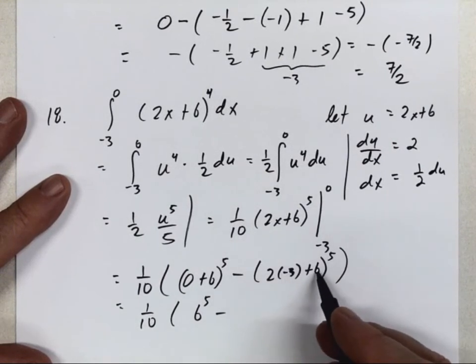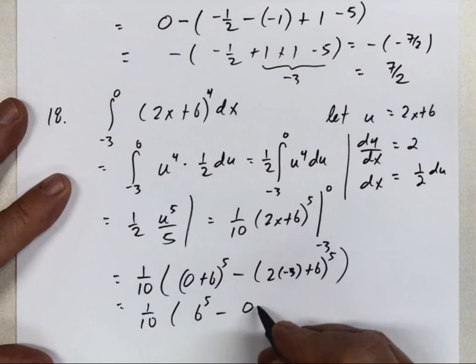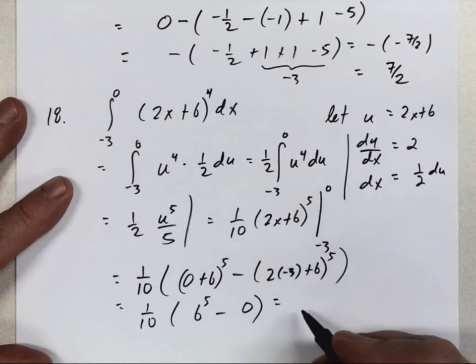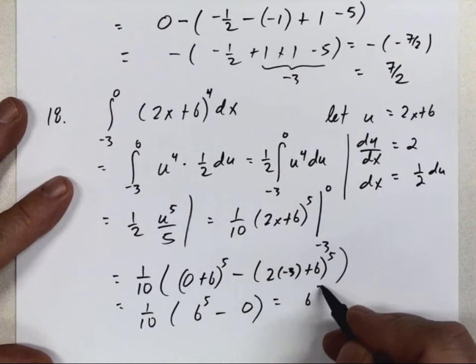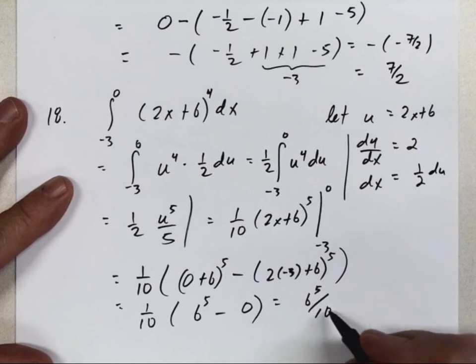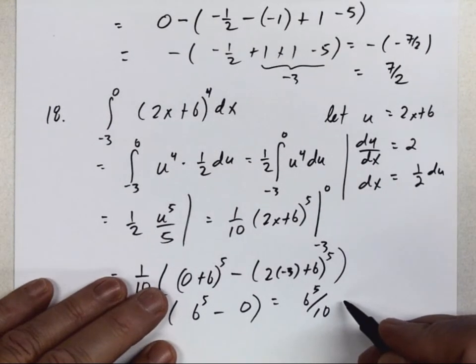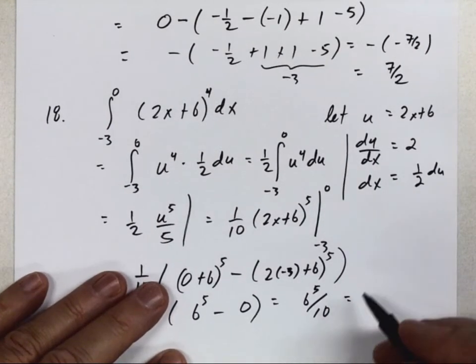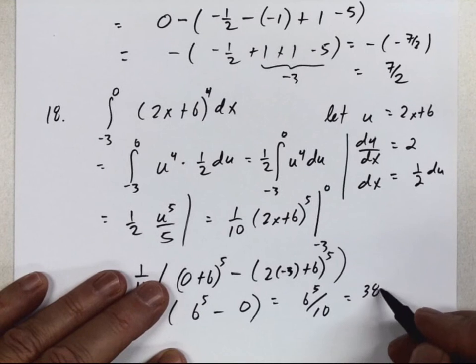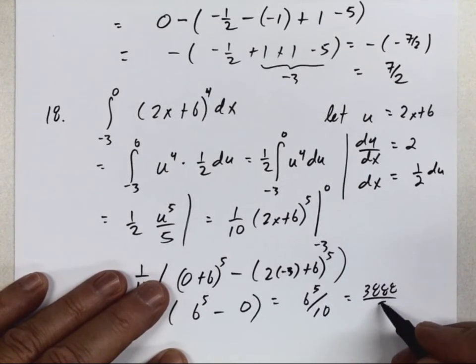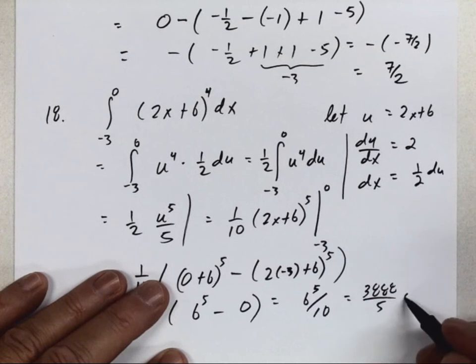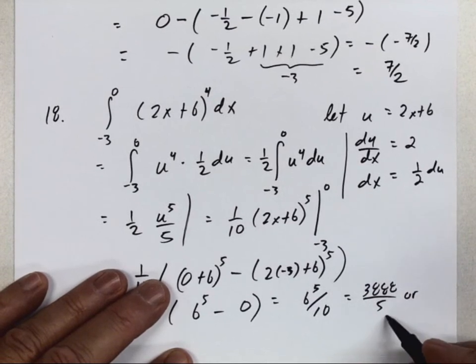Negative 6 plus 6 is 0. So it's really just 6 to the 5th over 10, which, if someone wants to try and simplify it, ends up being this, or as a decimal.